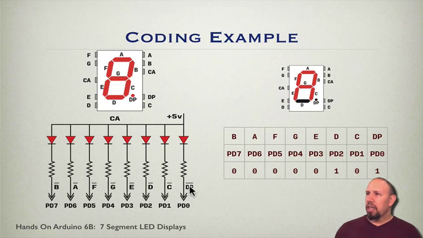That is, we would connect them basically in a clockwise fashion, starting with DP to C to D to E to G to F to A to B. So it basically goes clockwise.